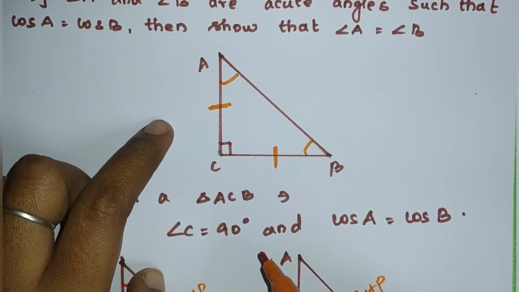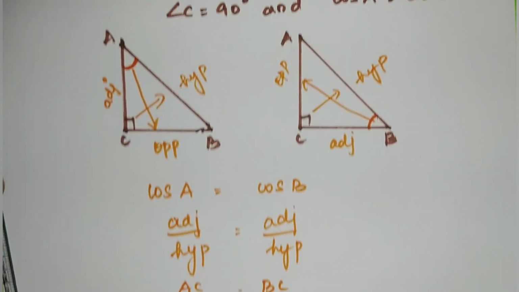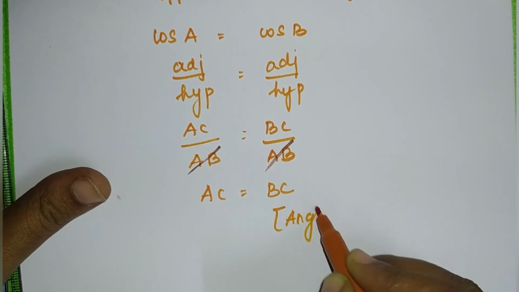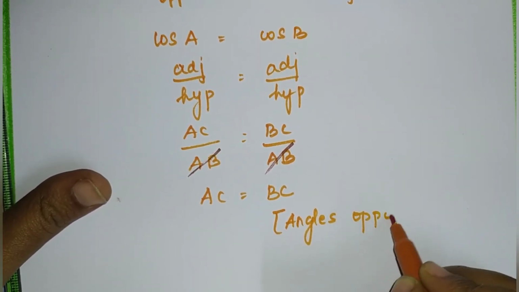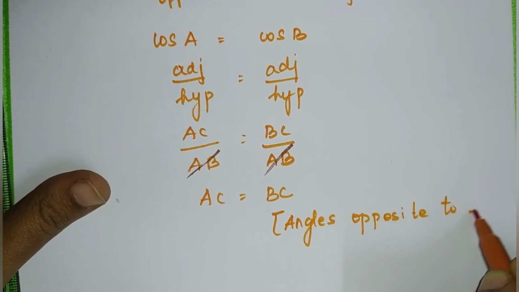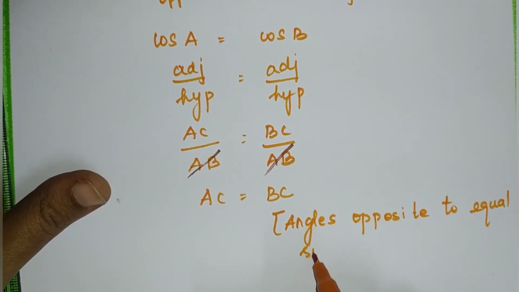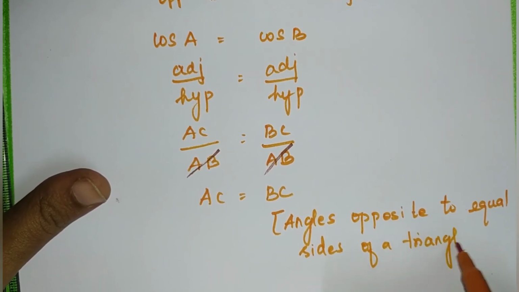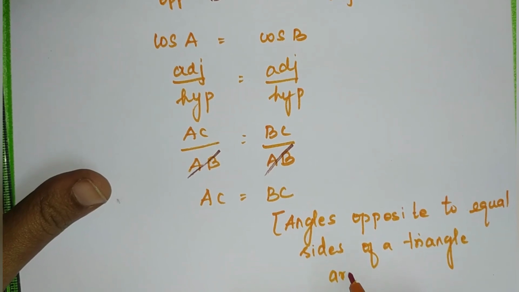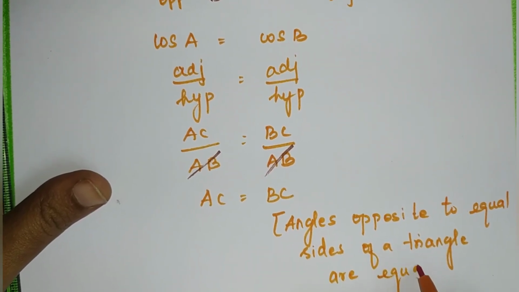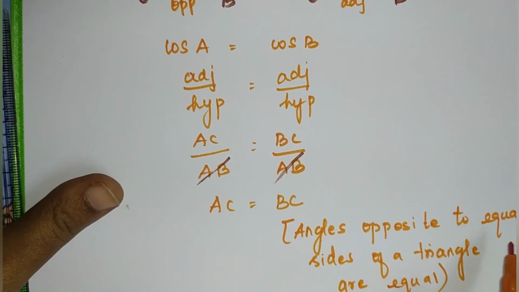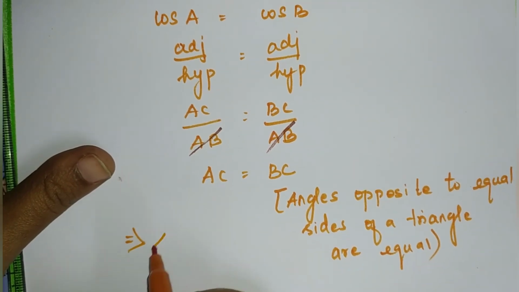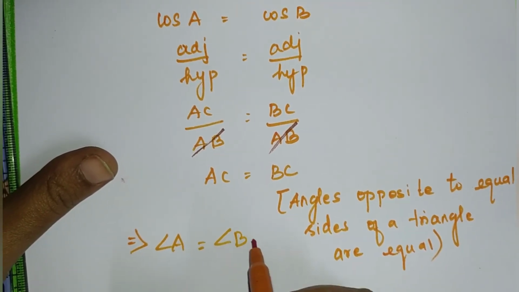By the theorem which we studied in 9th standard: angles opposite to the equal sides of a triangle are equal. Then we can tell that angle A is equal to angle B.